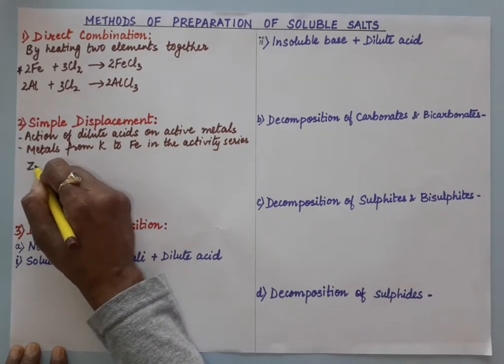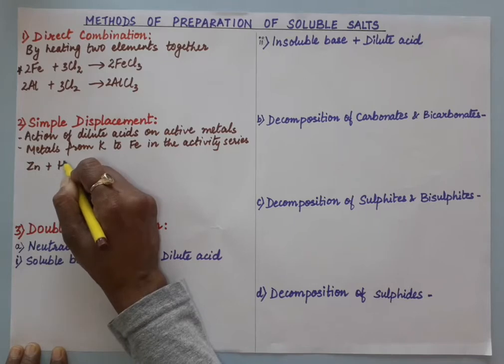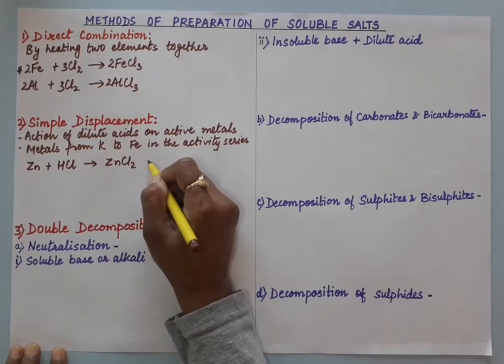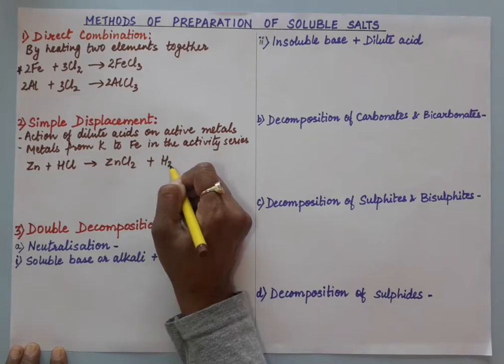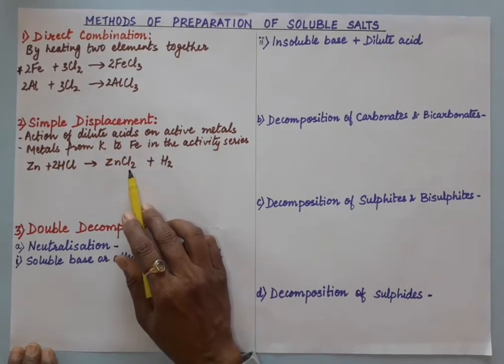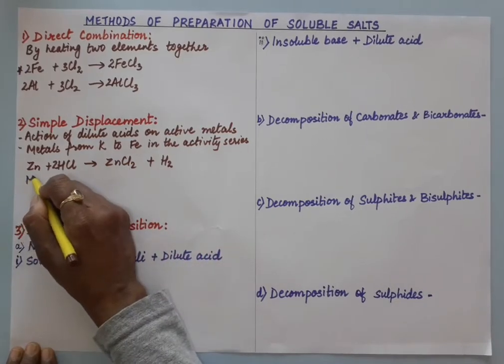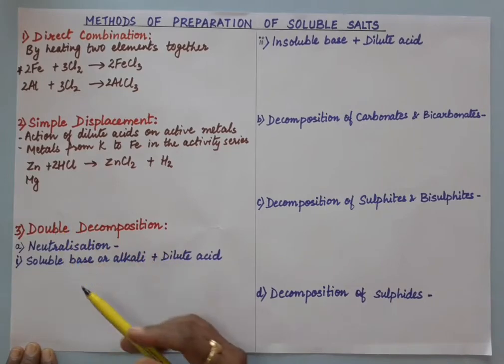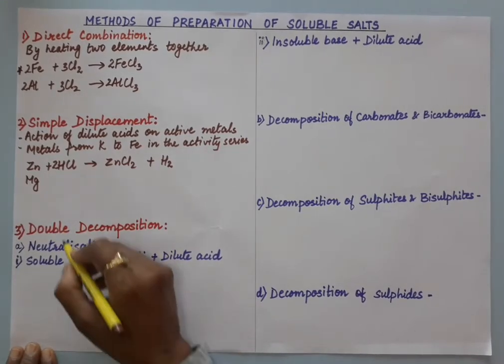So for example, Zn when it reacts with dilute hydrochloric acid gives zinc chloride and hydrogen. Now zinc chloride is a soluble salt, so this can easily be prepared by this displacement method. The metals that can be taken are zinc, magnesium, aluminium, iron.